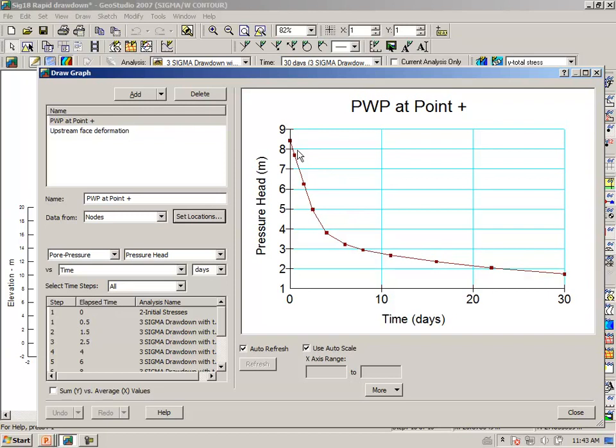And we notice, of course, the pore pressure head. We're talking in pressure head. As the reservoir comes off, of course the pore pressure is dissipating, and then after day 5, when all the reservoir is gone, the pore pressure continues to dissipate as the excess pore pressure drains out of the embankment.